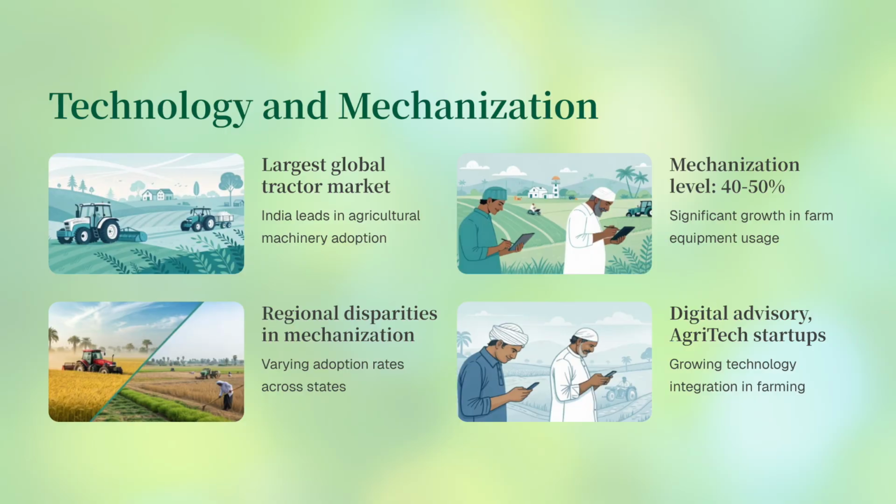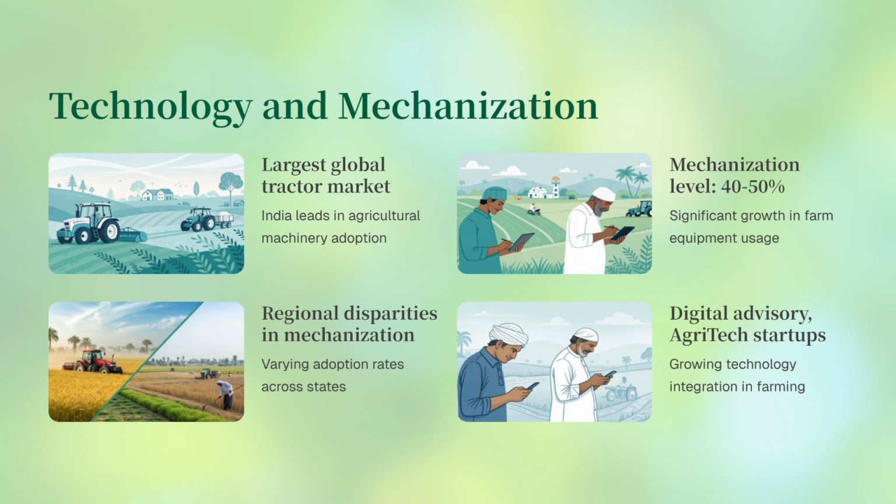Beyond mechanical tools, digital technology is increasingly important. Mobile phones have democratized access to crucial agriculture information like weather updates, market prices, and expert advisory through various digital platforms and mobile applications. Recent agri-tech startups and digital platforms offer services like direct market linkage, optimizing input use, and providing customized recommendations.